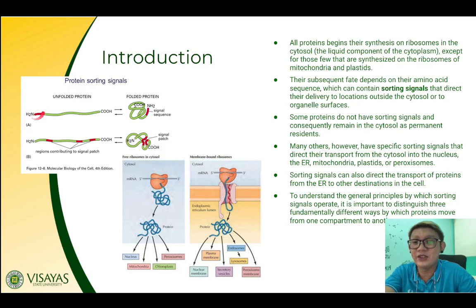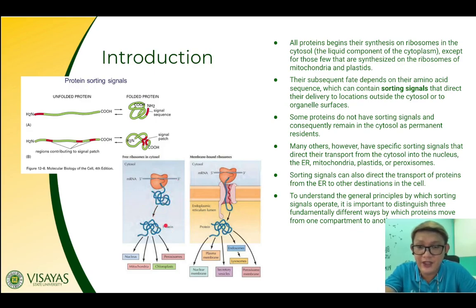Some of these signal sequences could be located at the ends of the linear protein, while others are distributed throughout the protein itself, producing signal patches. This is an example of a signal patch, and this is the signal sequence at the end of the protein.